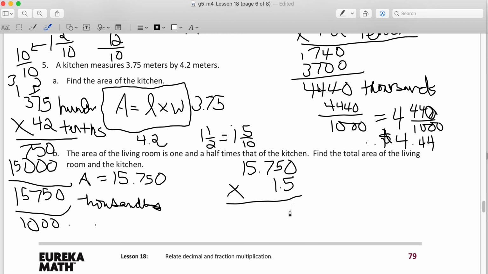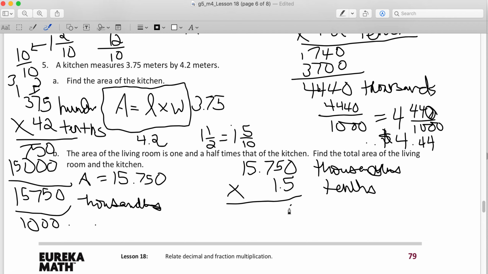Okay? All right, so I've got what? Tenths, hundredths, thousands. So this is thousands. This is what? This is tenths. All right? So let's multiply.